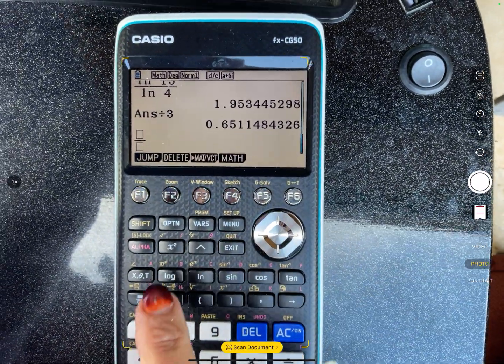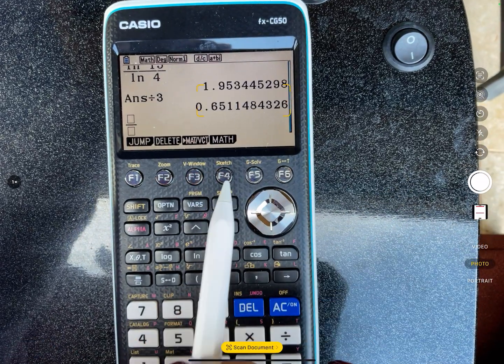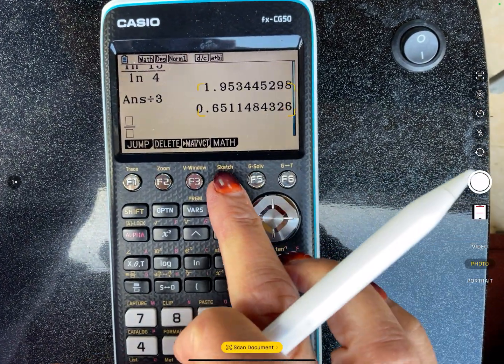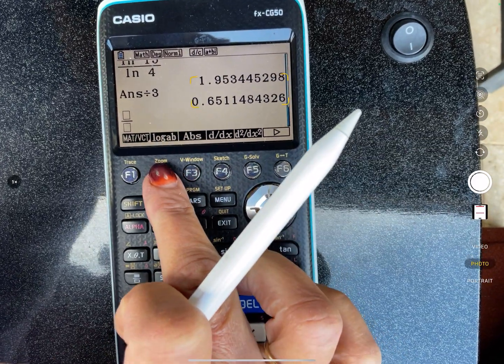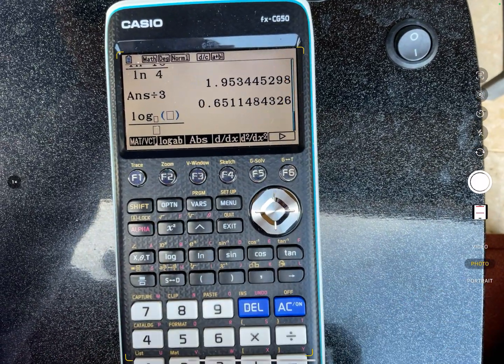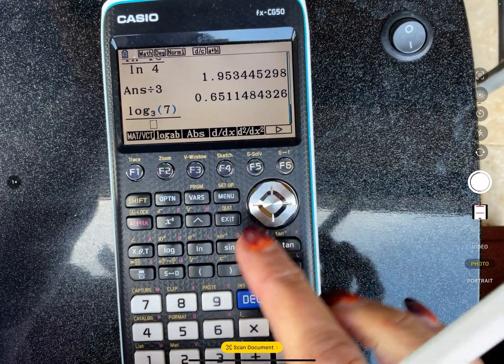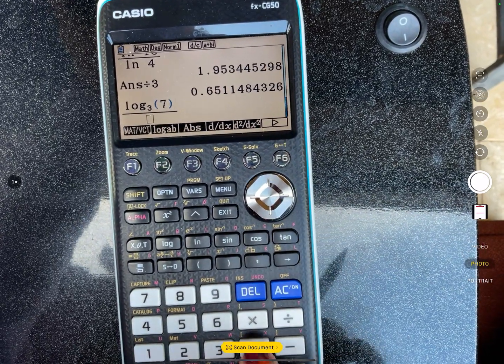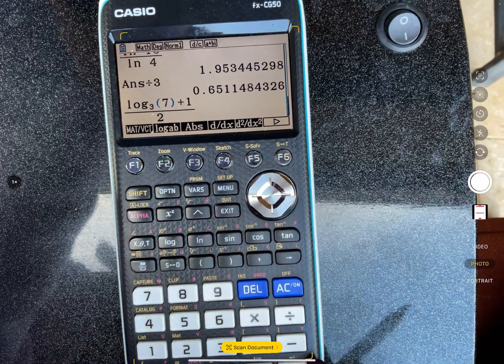So I'm going to show you something. You're going to hit the math button right here, so F4 for math. And then do you see the log AB? You're going to hit F2, and you're going to put in log base 3 of 7. And then outside that 7, we added 1, and then we took all of that numerator and divided by 2.